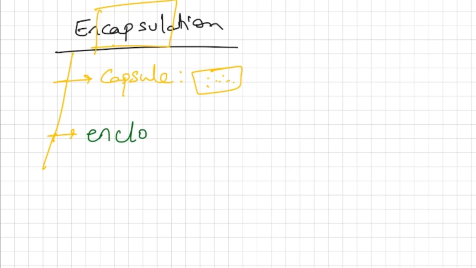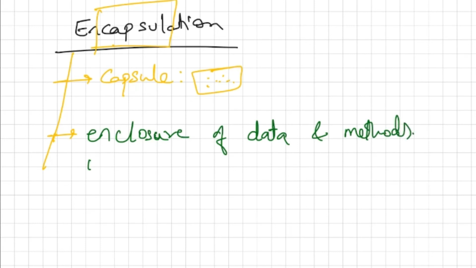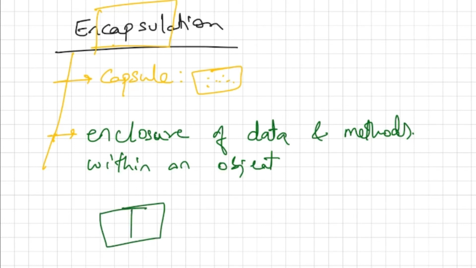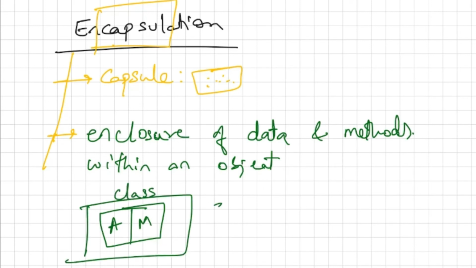It is an enclosure, or a box of data and methods within an object. Don't go on the language of this, but it basically means anytime a new object is created, it has a set of attributes and a set of methods. They are enclosed, and those values are that of a class. That's why it is called encapsulation.